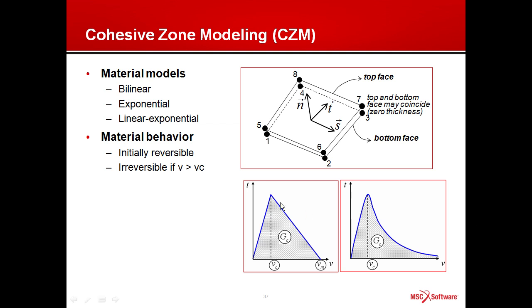When you reach the final maximum relative displacement, the material model element is totally damaged. The area underneath this curve is the cohesive energy or the critical energy release rate, and that's a quantity the user will supply. The user may also supply other models, for example, an exponential model.